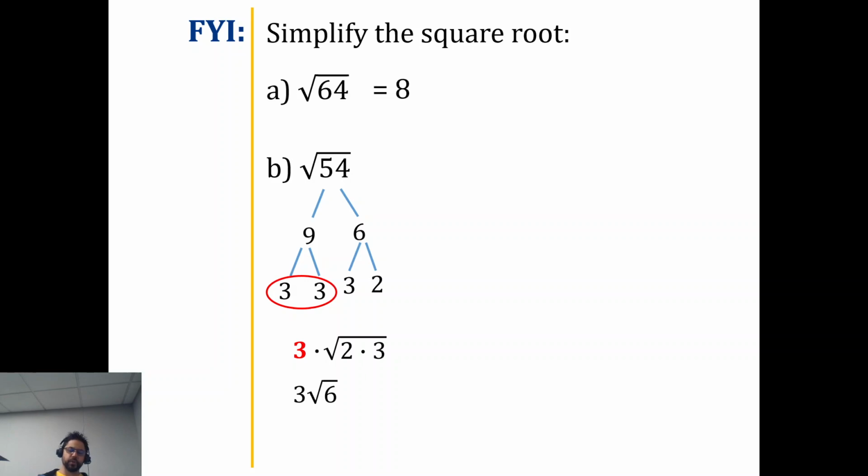Again, that was from your quiz. You should have rocked that using your factor tree, looking for your pairs. The leftovers go inside. Again, this is an exact answer. In high school, some of your problems are definitely going to ask for your exact answer. But some of them are going to want an approximate answer. So we're going to learn a strategy to help us figure out that it's about 7.3.